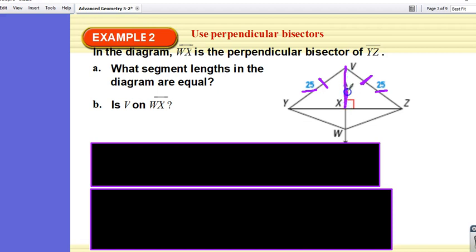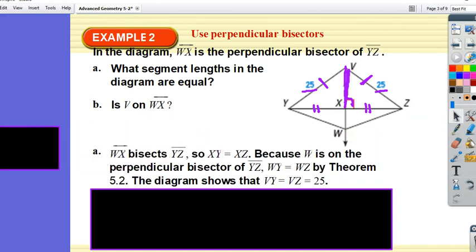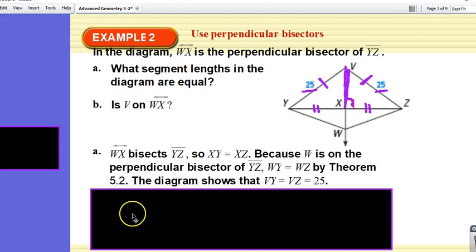So this must go through here and must be a perpendicular bisector. Because these are equal, then this must be a perpendicular bisector, making YX congruent to ZX, right? So it says that it bisects it, so that XY is congruent to XZ, what I just said, because on the perpendicular bisector, so by theorem 5.2, the diagram shows that they're equal. These are equal, and these are equal, shown in the diagram, right?